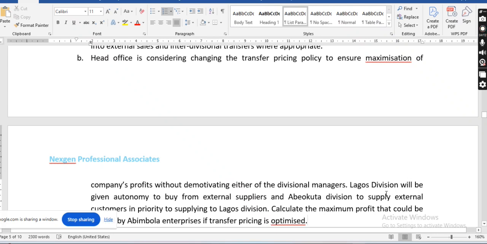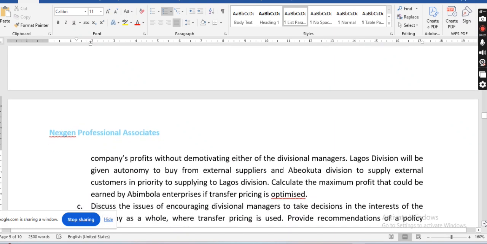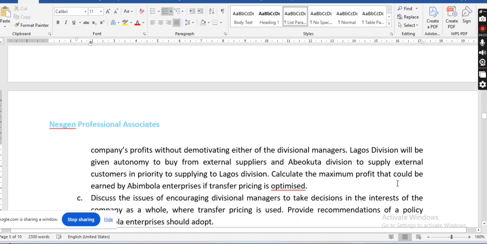Lagos division will be given an autonomy to buy from external suppliers, and Abeokuta division to supply external customers in priority to supplying to Lagos division.